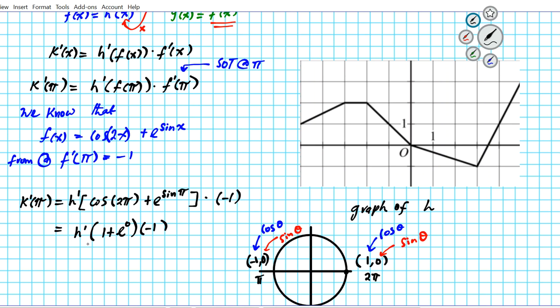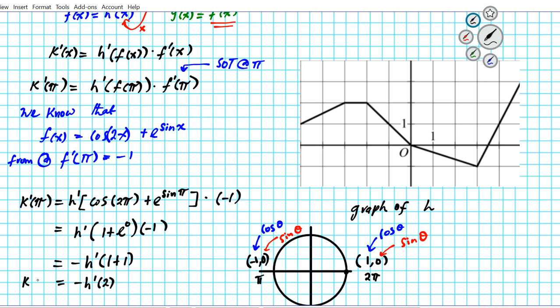Okay, so if we work this out, this becomes negative h prime of 1 plus any non-zero number raised to the 0 is just 1, right? So it's going to become negative h prime of 2. Okay, now we're going to have to use this graph to figure out what the derivative is. The derivative for h at 2.